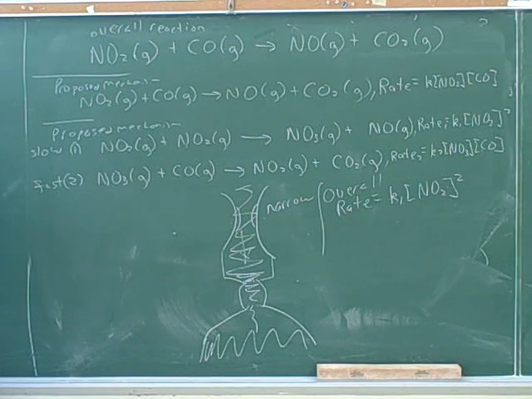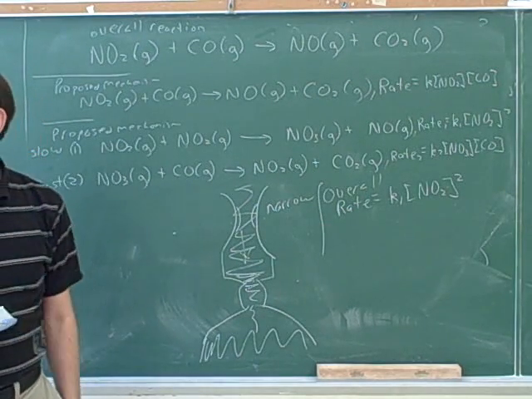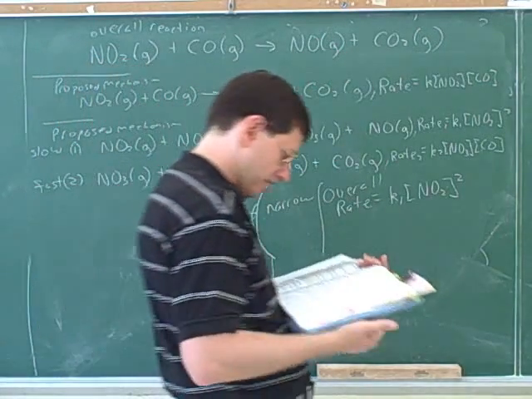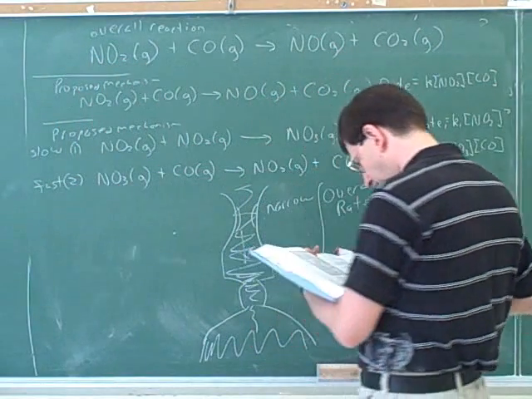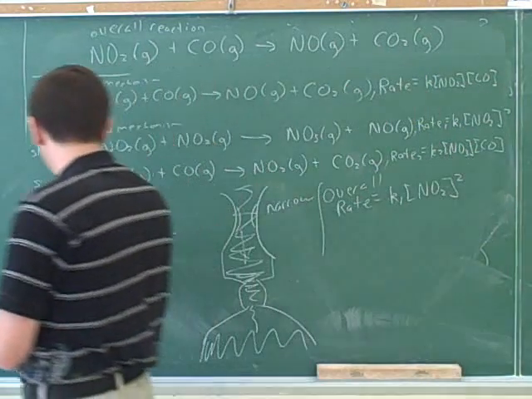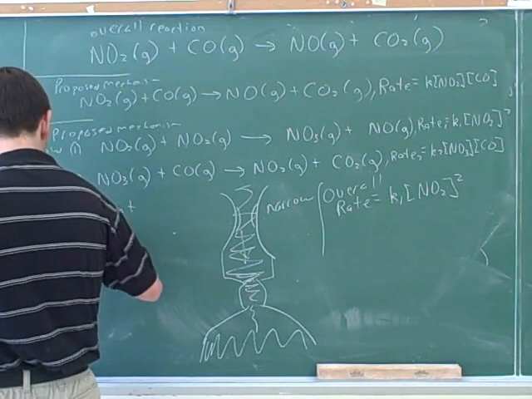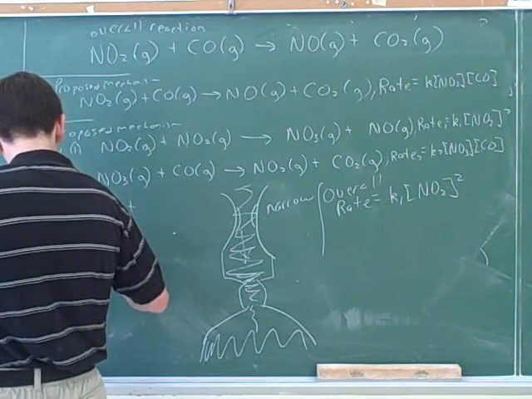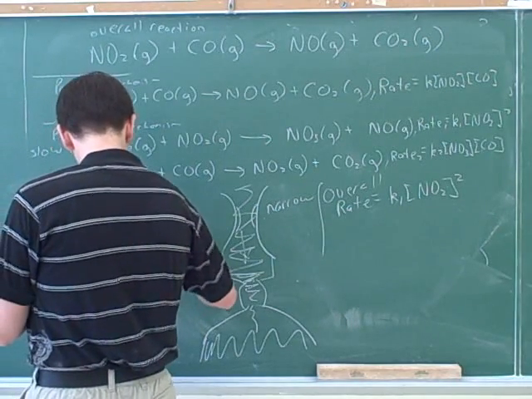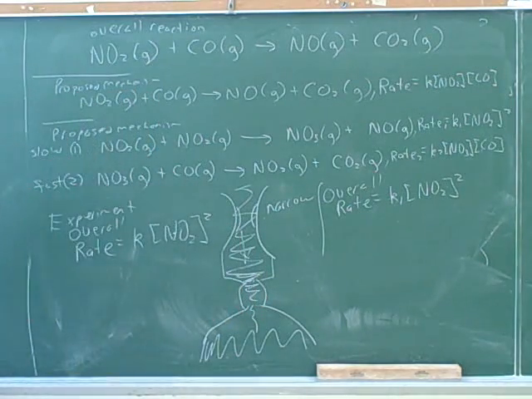Do experiments. We could do experiments and figure out what the true rate expression is, like you learned to do last Friday, and then you could match them up against these. So let's say you do the experiments, and the experiment shows that the overall rate law is this.